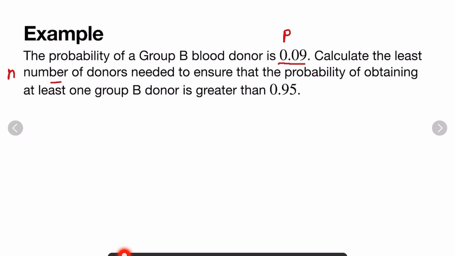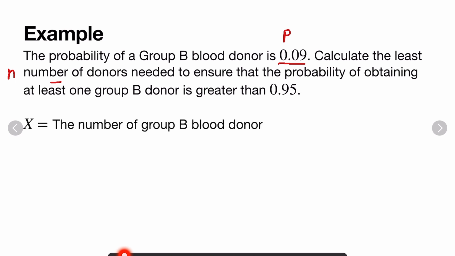Okay? Means one group. Probably 2, 3, 4, between 3 and 7. Okay, so it means that our random variable is the number of group B blood donors. Why do we need to write down our random variables? The name is random variables. We don't know what number. When the random variable changes, your parameters also change. Okay, so please write down what is your x.